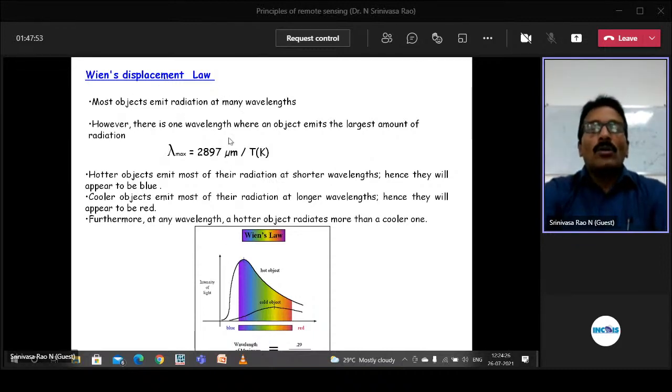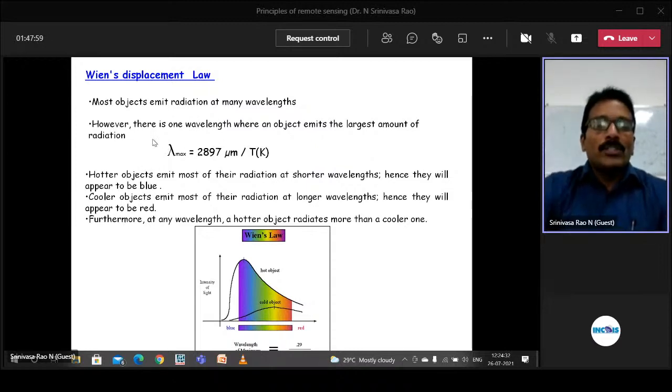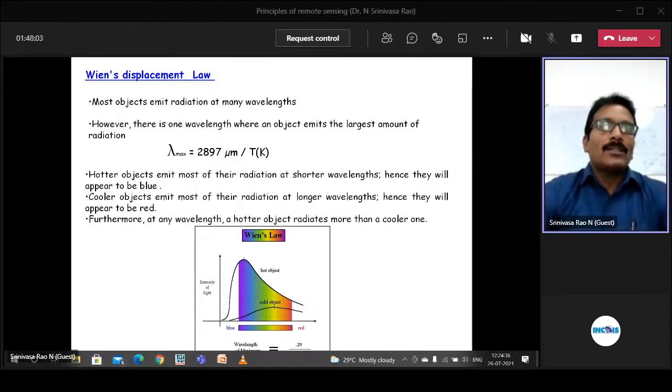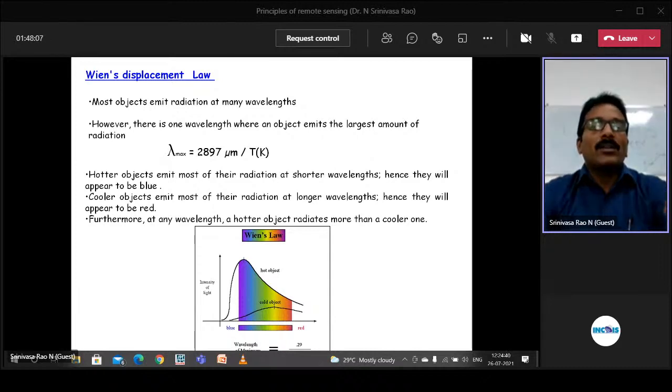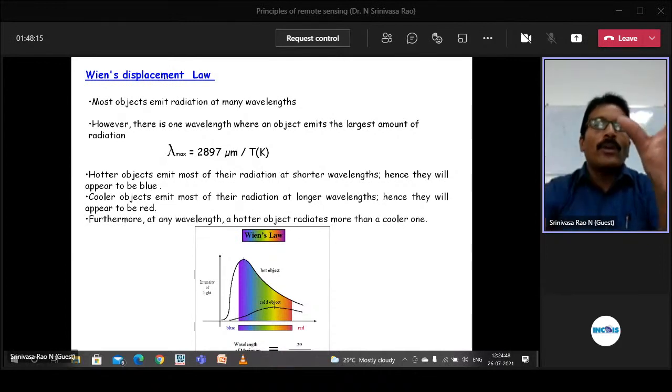Based on this law only, we are designing the sensors. If you want to measure the temperature of your interested target over the ground, and you know the temperature, you can calculate at what wavelength the maximum energy emission takes place. That particular wavelength is the band, the bandwidth.